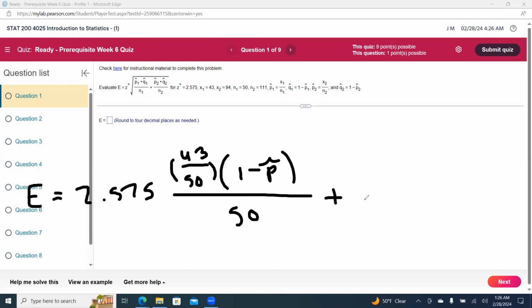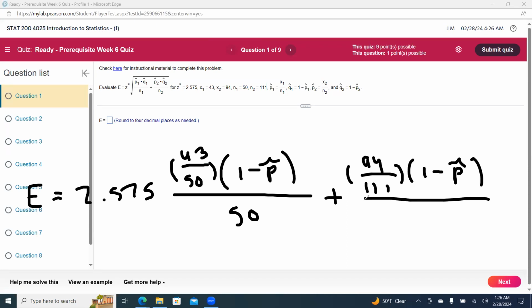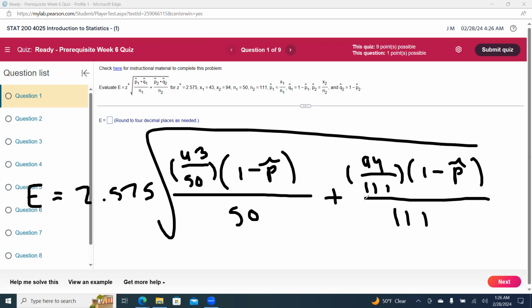And then plus P hat 2, which is 94 over 111, and this is 1 minus P hat 2 divided by N2, which is 111, and it is the square root of that whole thing. Let's see if we can do that. So for E, I'm getting approximately what? All we really care about are the careless mistakes. That's what we care about here.